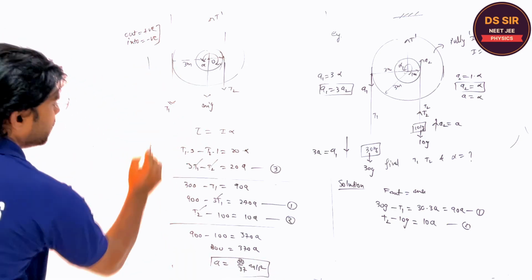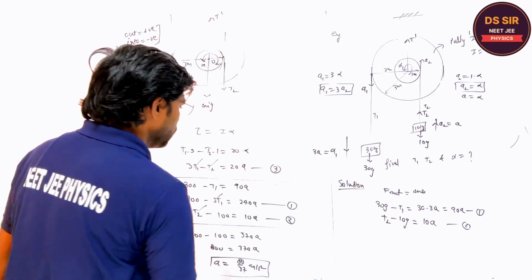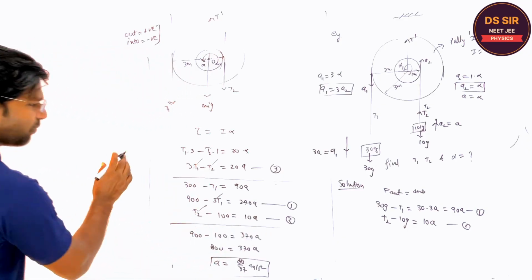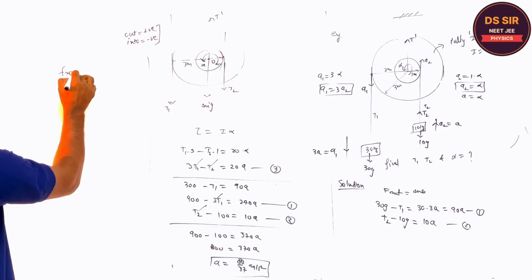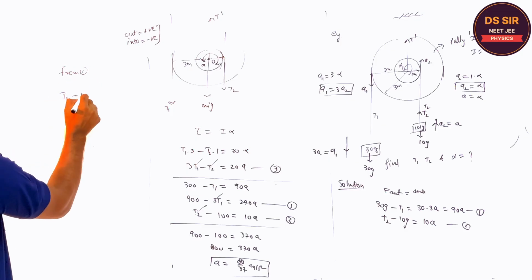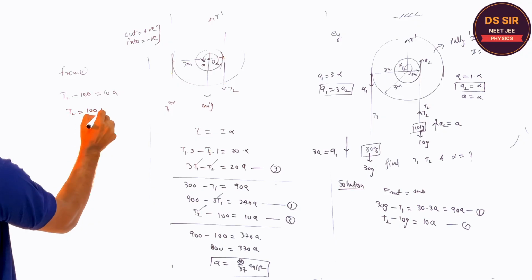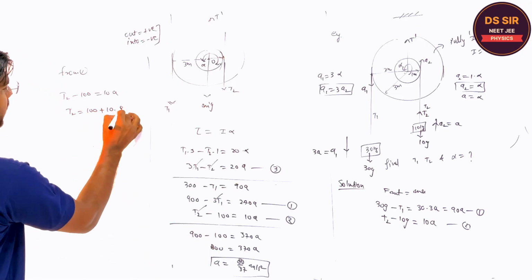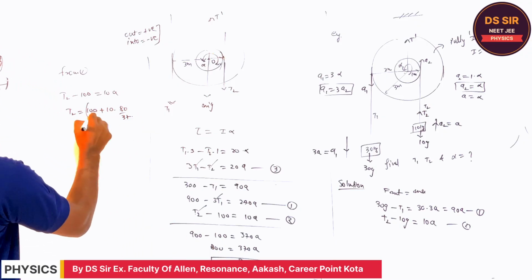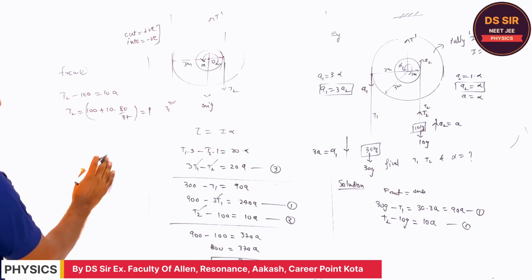This is the acceleration. Once you find the acceleration, you can find the T1 and T2. From equation number 2, T2 minus 100 is equal to 10 into A. T2 is equal to 100 plus 10 into 80 upon 37, right? When you will simplify, you will get the correct answer.